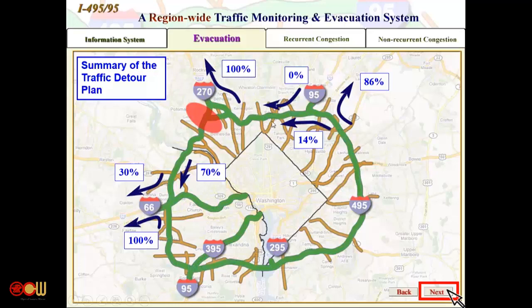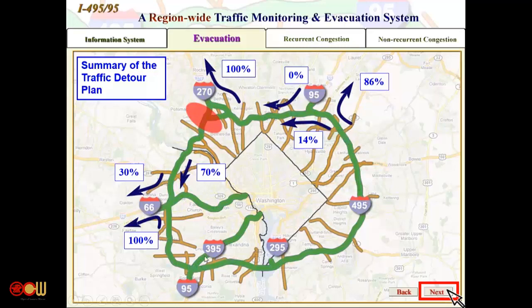Because close to the access, close to this area, mostly you let 100% go there. And here, 30%, 70% go different directions. Talking about the traffic flow here, it should all go to I-270. Traffic flow here, some should go one direction, some another direction. Those are the computation results.